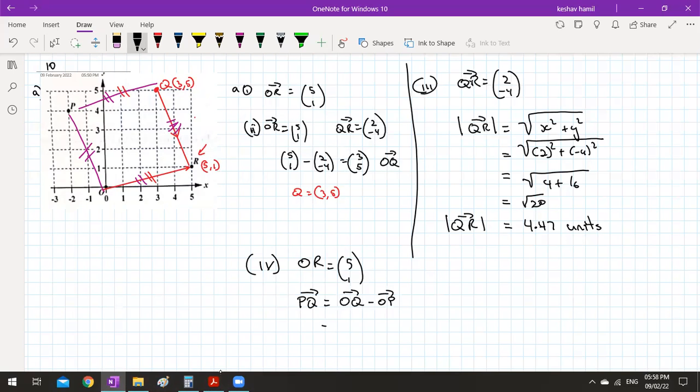Right, so the letter behind the space. So the vector OQ, since we know the position of Q is 3, 5, so 3 over 5, minus the position of P, which is negative 2, 4. That could be written as a position vector, negative 2, 4, for future reference, right? And we subtract it. 3 take away negative 2 turns out to add. So 3 over 5, and 5 minus 4 is 1.